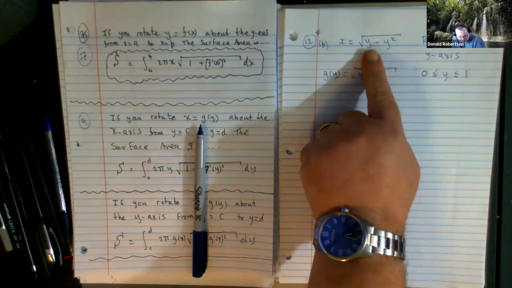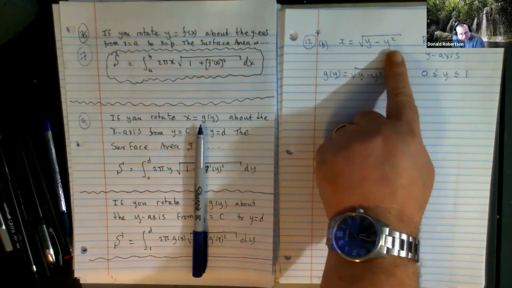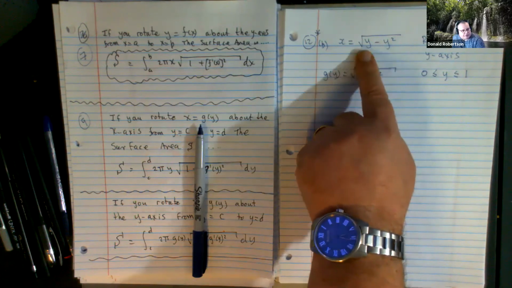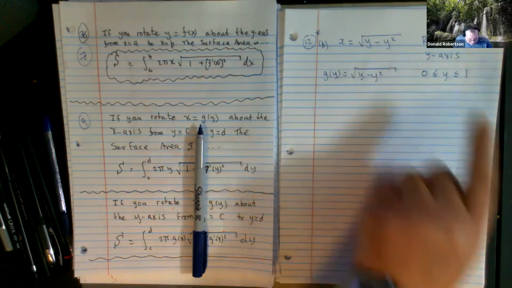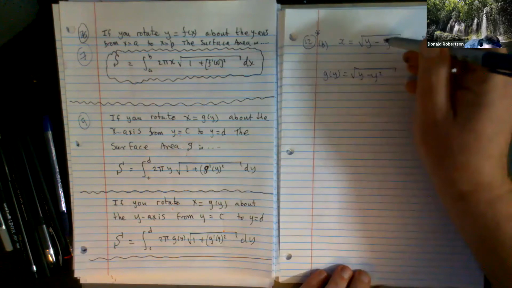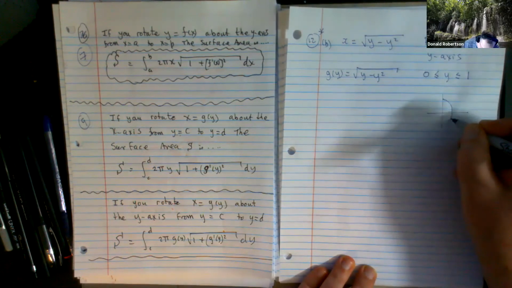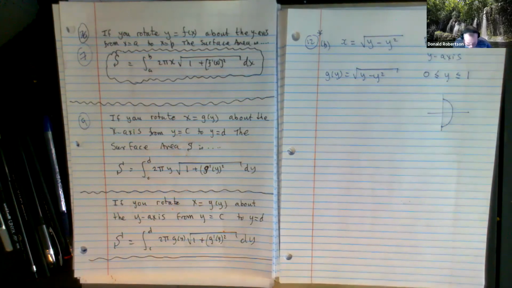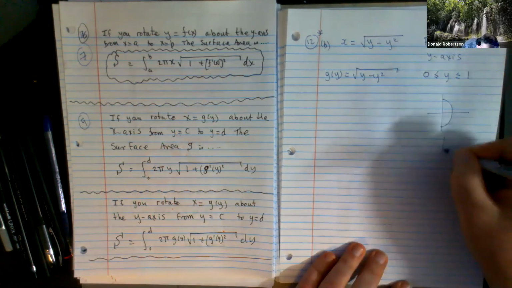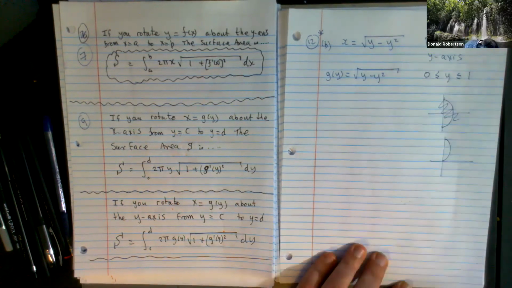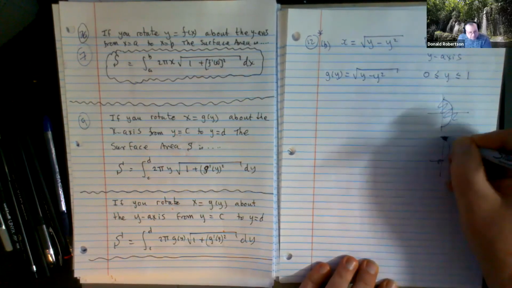Look at that function. Do you know that it only exists for certain values of y? Because it's only positive for certain values of y. If you plug that into Desmos, which would be a good idea, it would look something like that. I'm not saying it'd look exactly like that. In fact, let me redraw that. It would look like this. And here would be 0 and here would be 1.